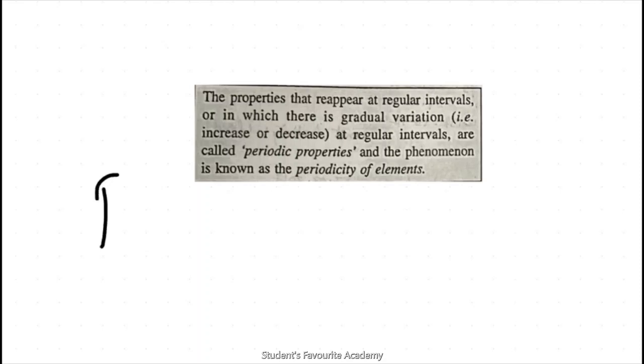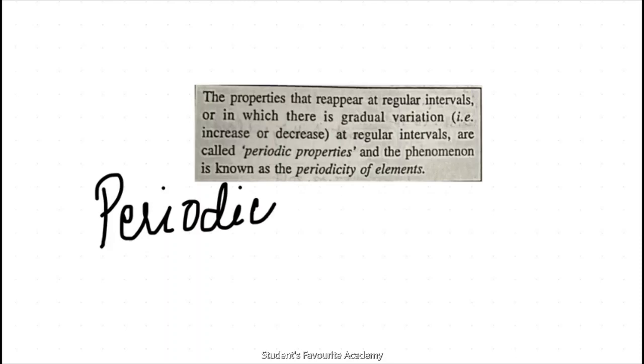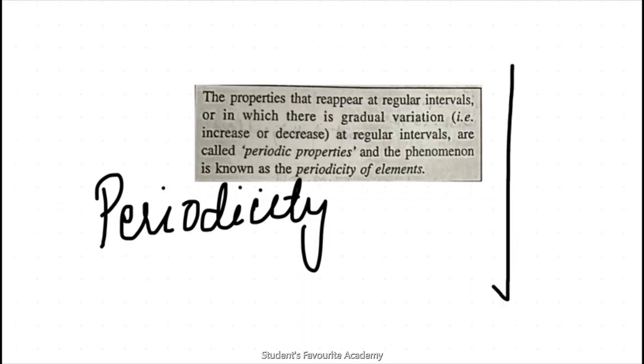So when we talk about periodicity in elements, this periodicity means what children? That there are certain properties that will tend to repeat themselves, and this happens usually down the period and else down the group, and across the period the chances of periodicity are very less.